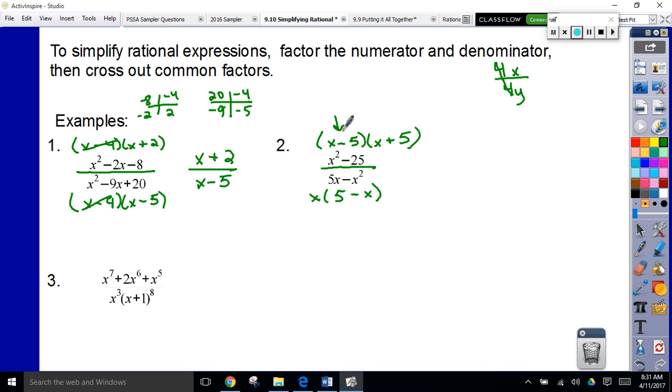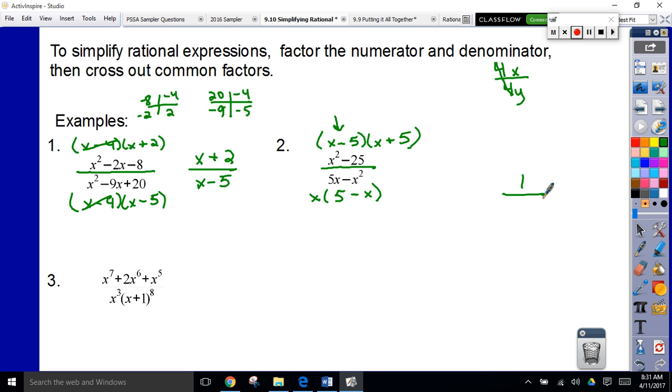Go ahead. I can't just put it under one, because that would change the fraction.